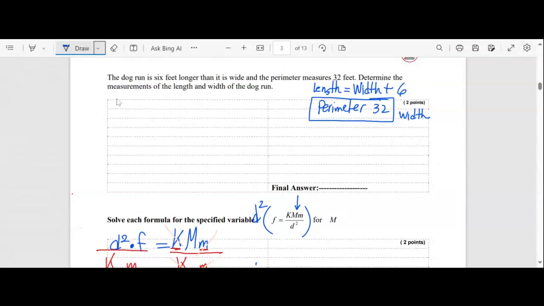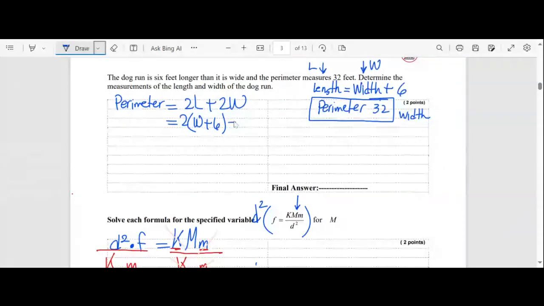As you know, the rule for perimeter is what? 2L plus 2W. So what is the length here? W plus 6, correct? Because I'm going to say the width is W and the length is W plus 6.